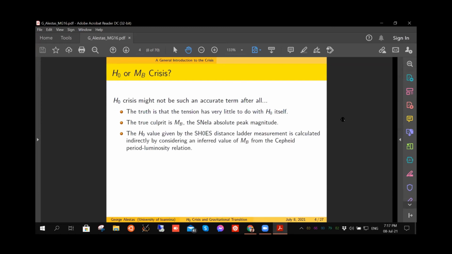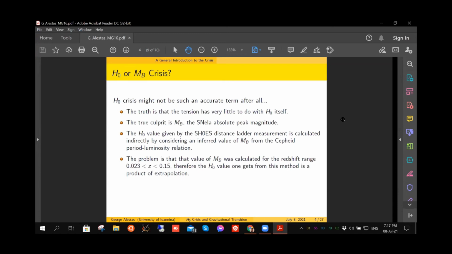That is because the H0 value given by the SH0ES distance ladder measurement is calculated indirectly by considering an inferred value of M_B from the Cepheid period-luminosity relation. The main problem with this is that this value of M_B was calculated for a redshift range of 0.023 to 0.15. Therefore, the H0 value at the present, which one gets from this method, is a product of extrapolation.